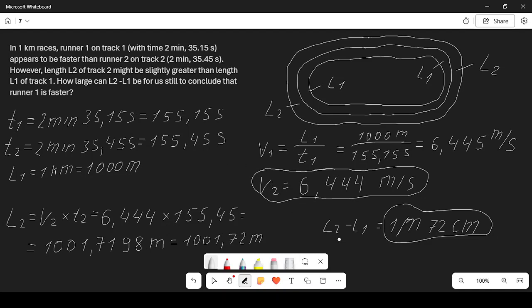But if the difference in length between these two tracks is less than this number, then runner number 1 is a fair winner of the competition.